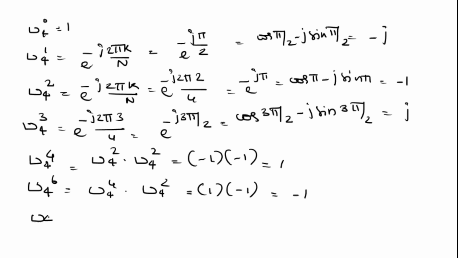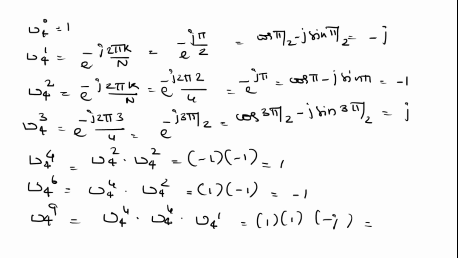Similarly, omega 4 of 9 is equal to omega 4 of 4 into omega 4 of 4 into omega 4 of 1, which is equal to 1 into minus j, which is equal to minus j.